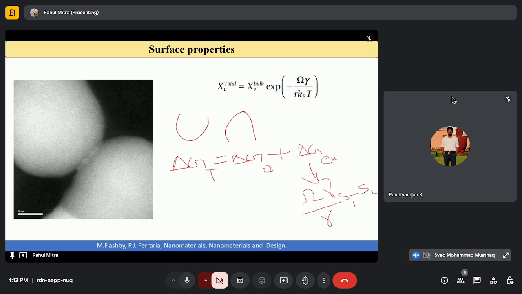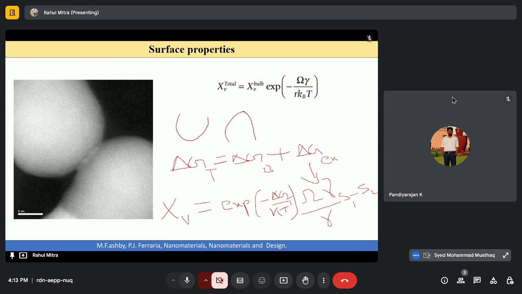So this will be my mole fraction of vacancies, which is equal to exponential of minus delta G by kT, where delta G is delta G total, the free energy. K is the Boltzmann constant and T is the absolute temperature.